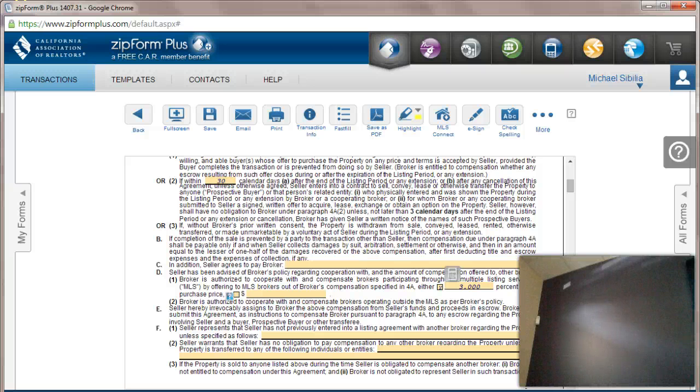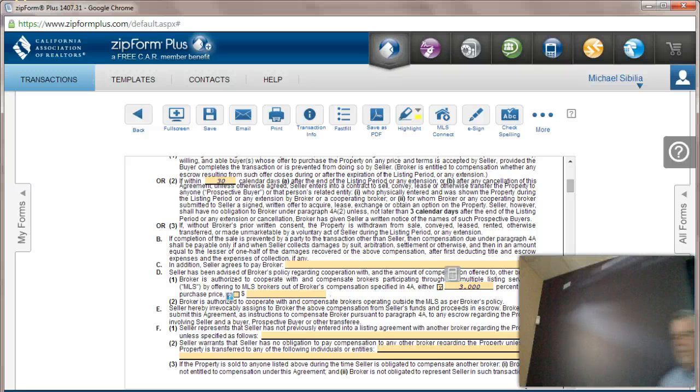So does everybody understand what I just said? So let's say it's a 5% commission, and you decide that as the listing agent you want 3, and you're going to give 2 to the agent who represents the buyer. Now, do you think the seller understands that's your intent? No. Probably not. By not filling it in? Well, that's right. If you don't fill it in, some agents don't want to fill it in so that they can do whatever they want later.